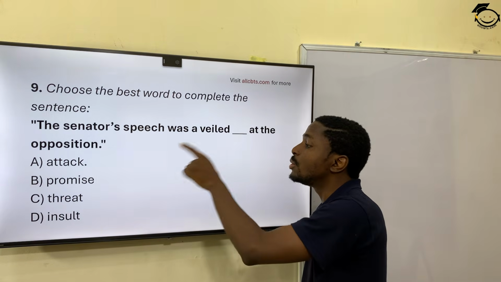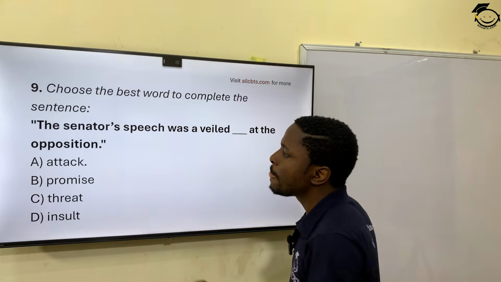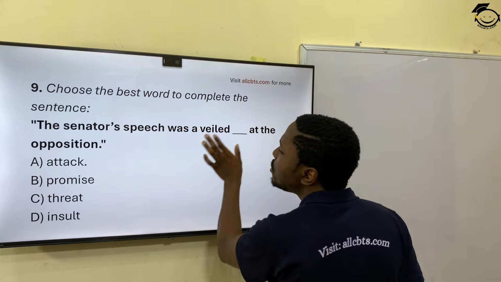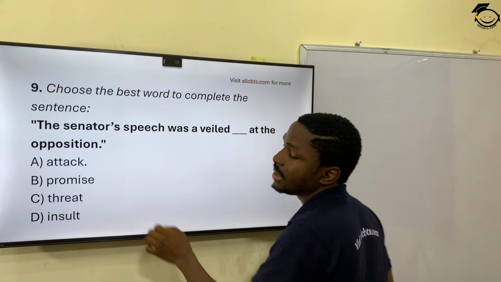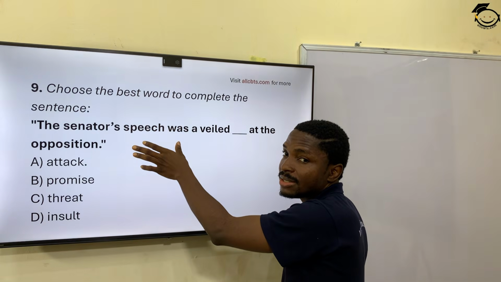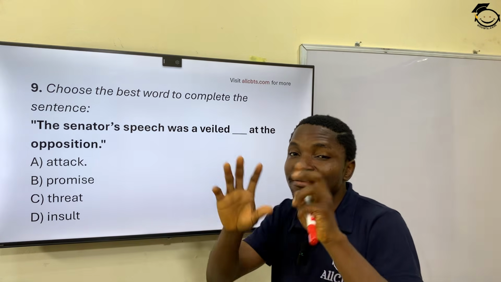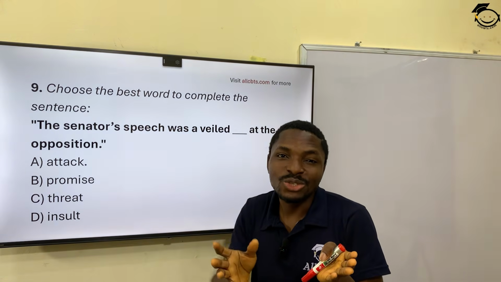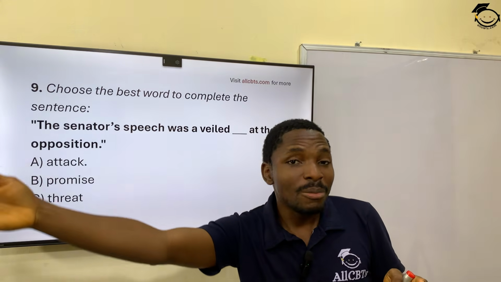So let's put the words into the sentence one by one and find out which is the best. You have the senator's speech was a veiled attack at the opposition. Okay, this is particularly in politics. So the senator was making a speech that was a veiled attack. It was in disguise to attack the opposition party or the opponent.